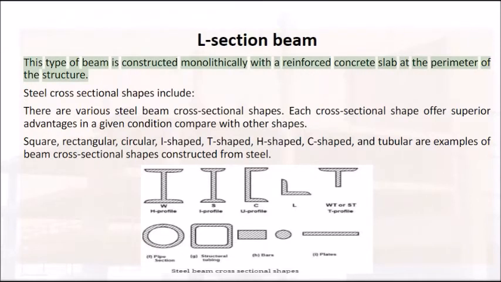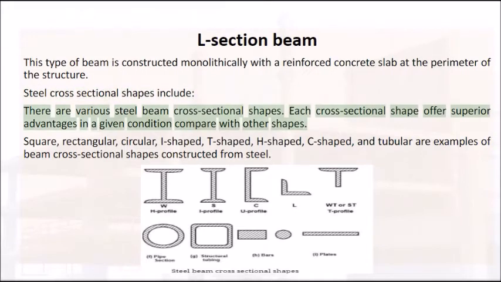This type of beam is constructed monolithically with a reinforced concrete slab at the perimeter of the structure. Steel cross-sectional shapes include various steel beam cross-sectional shapes.